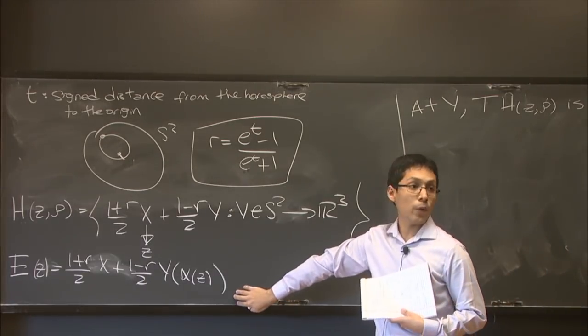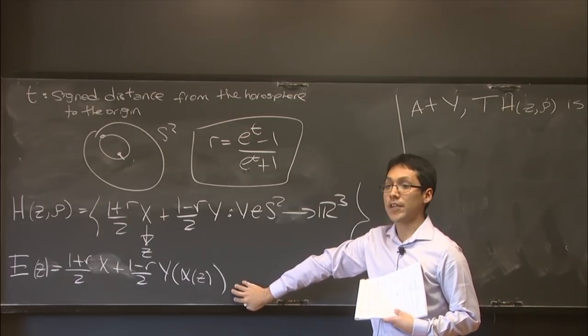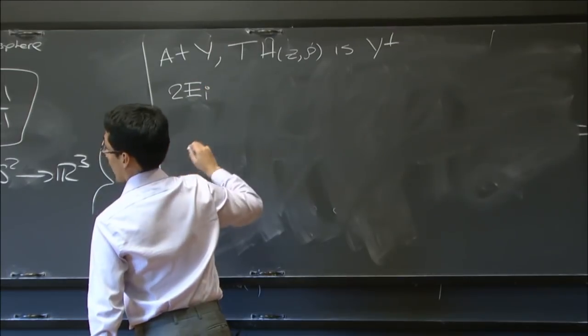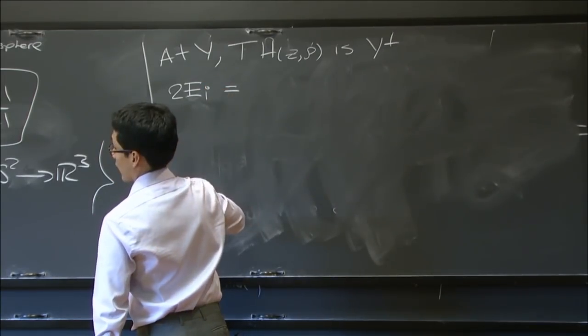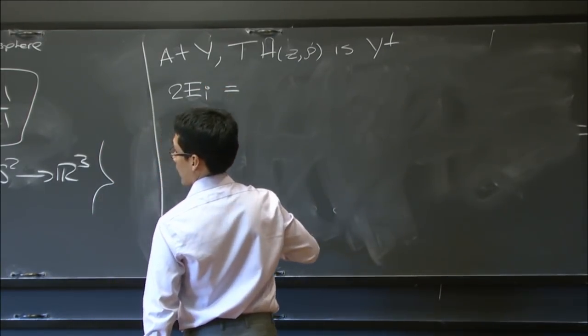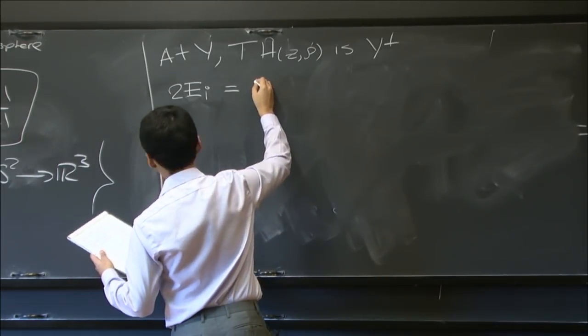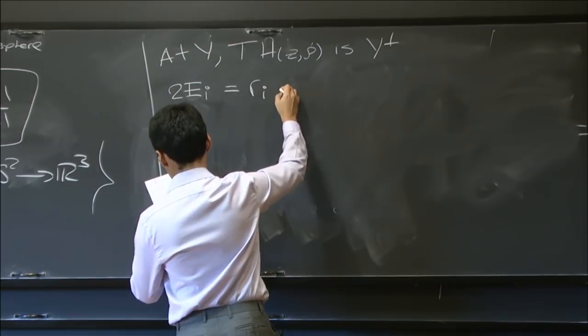So what happens now with the tangent plane to this particular map? Let's take some derivatives of this in a certain direction, multiply by 2 to make my life a tiny bit easier. And this formula should now look like this.